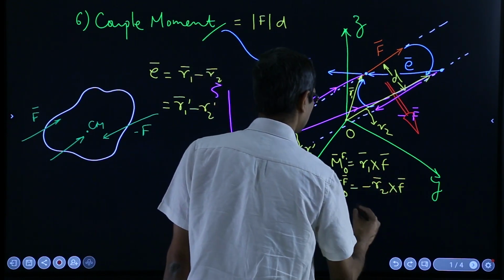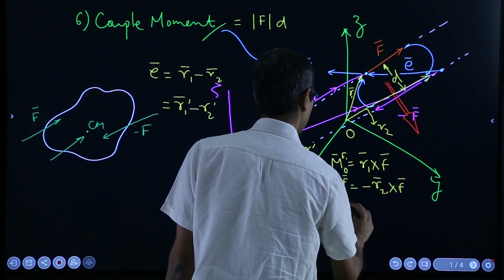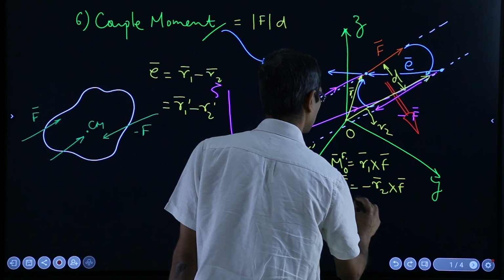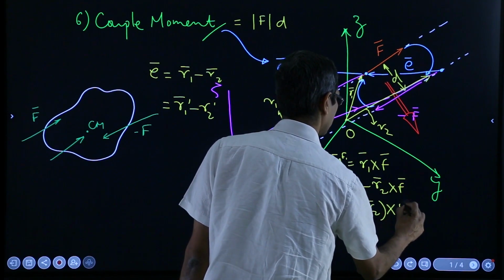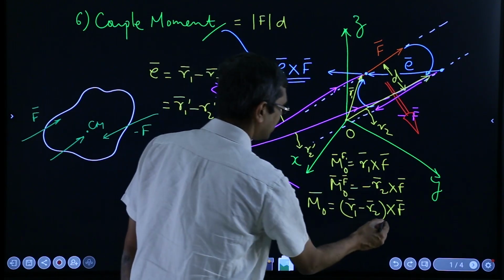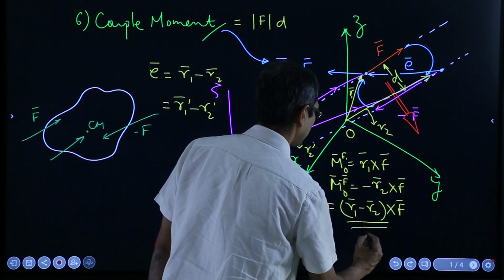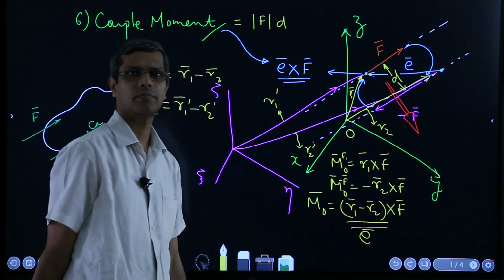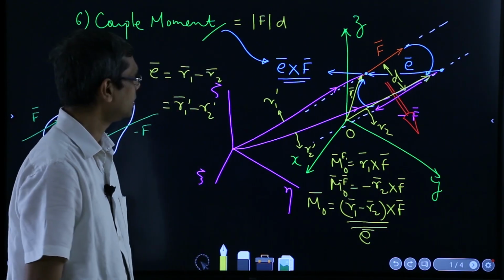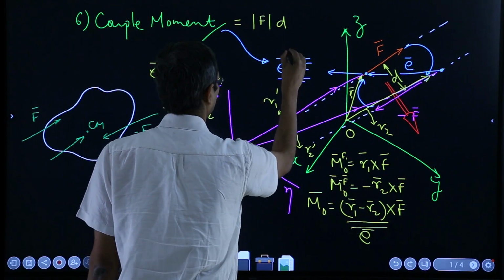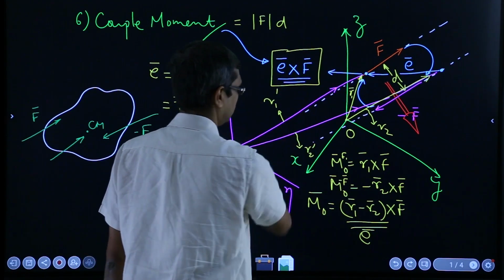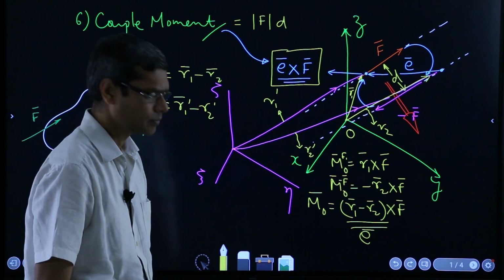So, the F will just come out and you will get R1 minus R2 crossed with F, right, and this is nothing but our vector E, fine, and that is how you got this E crossed with F, giving you the moment.